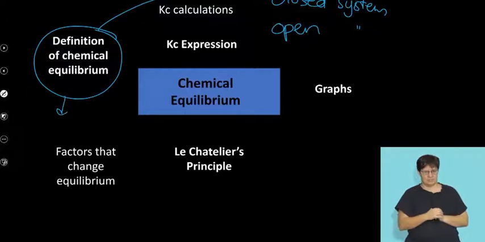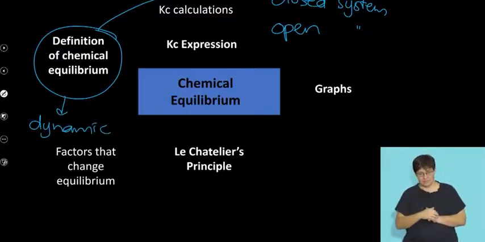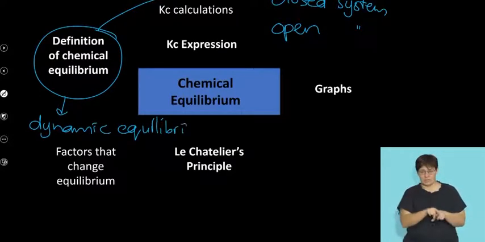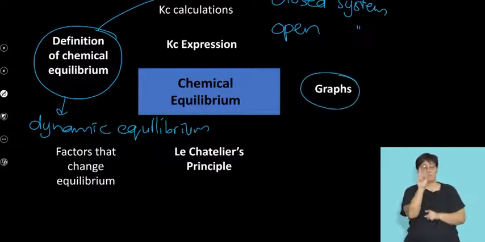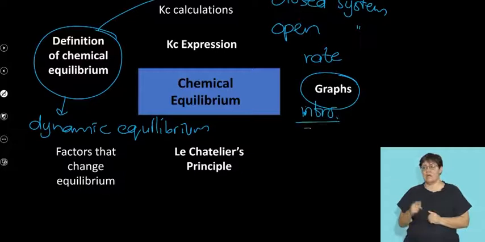We looked at the definition of dynamic equilibrium. And we looked at the graphs. On the graphs, we specifically looked at the rate graph. And I started to introduce the graph, which we call the concentration graph.